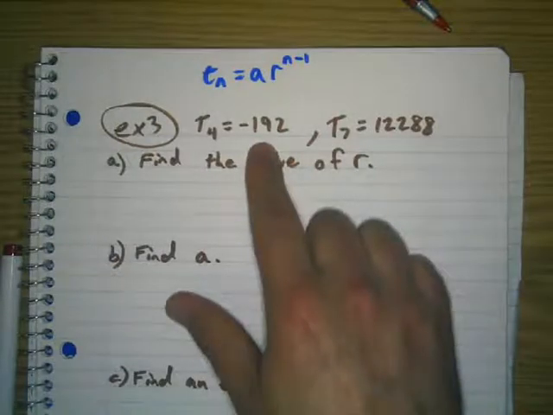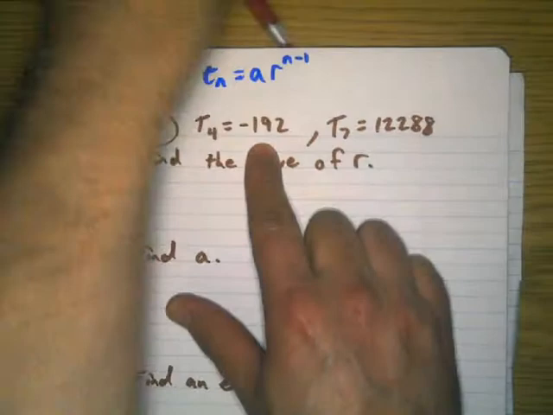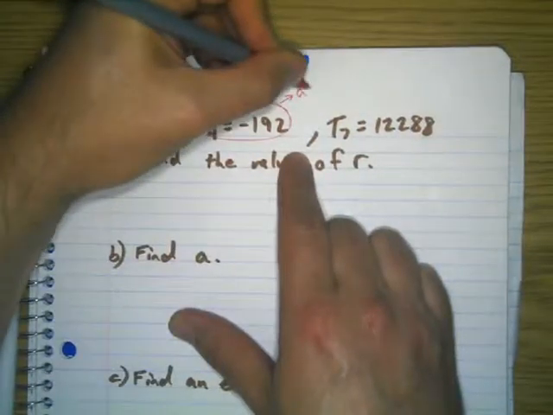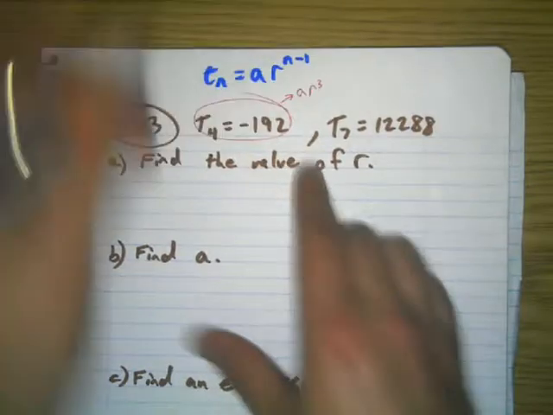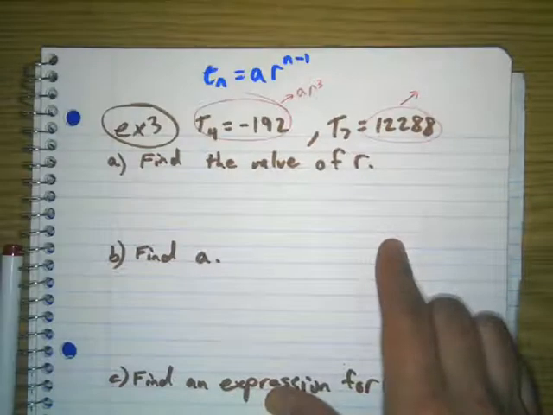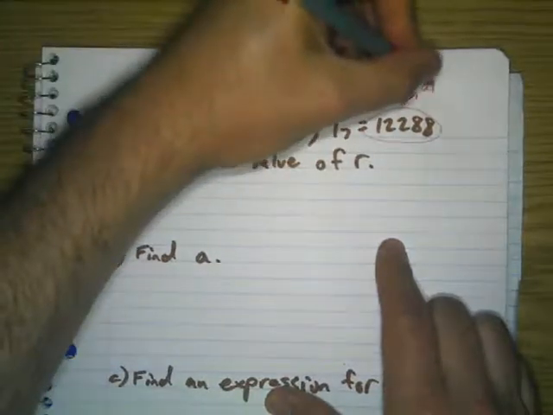So this is really equal to a times r to the third power, and this is really equal to a times r to the sixth power, right?